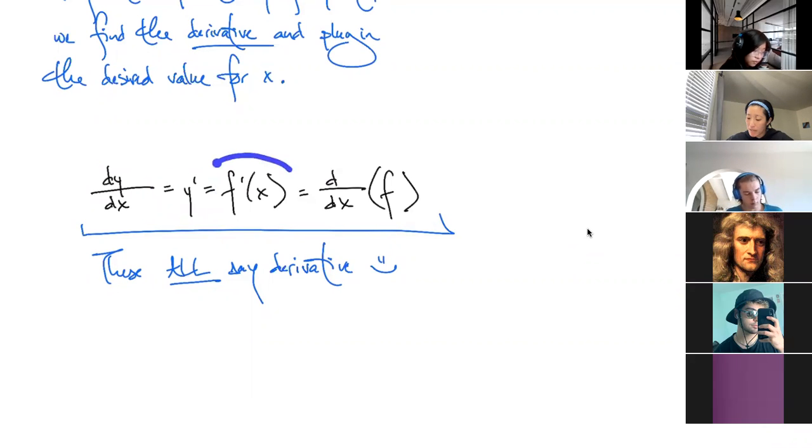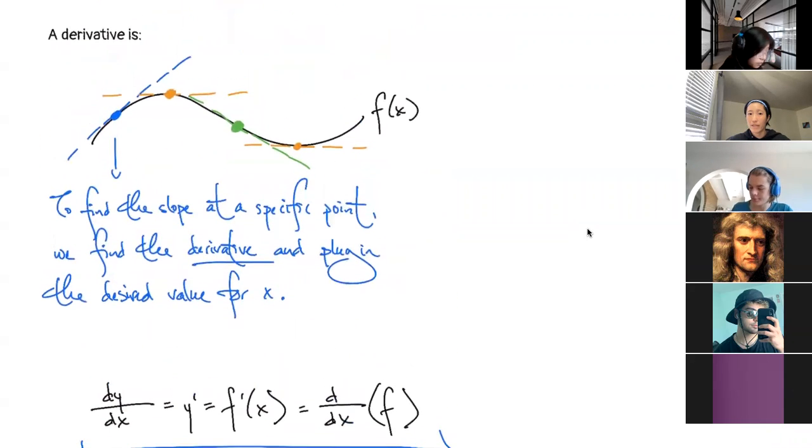Another way to say it might be f prime of x. And not as common, but also still there, is sometimes we have d dx of a function, okay? But all of these say derivative, and all of it says find the slope at a specific point, okay?